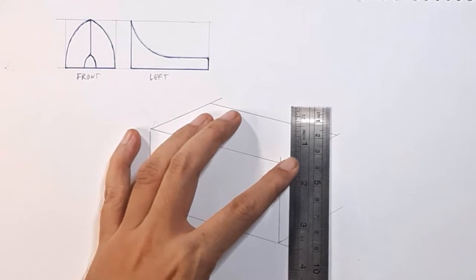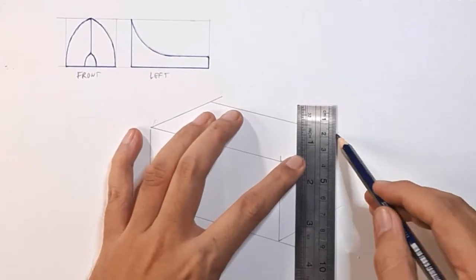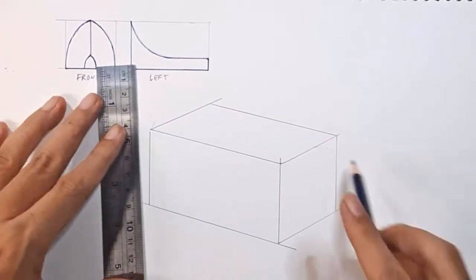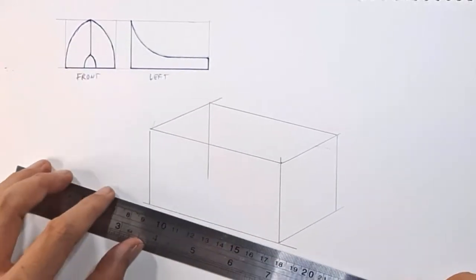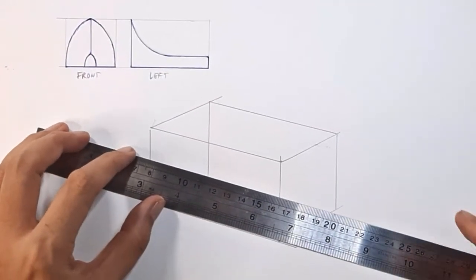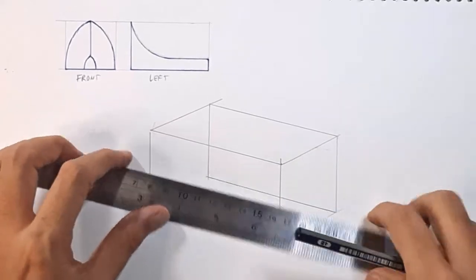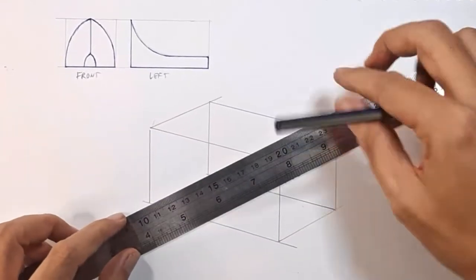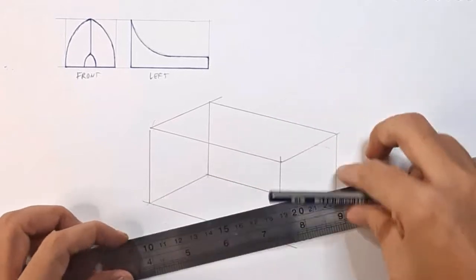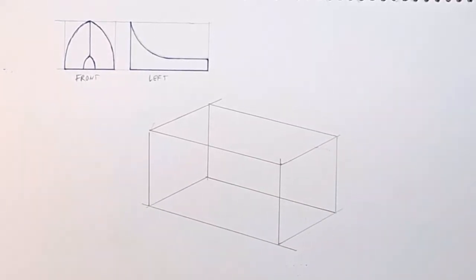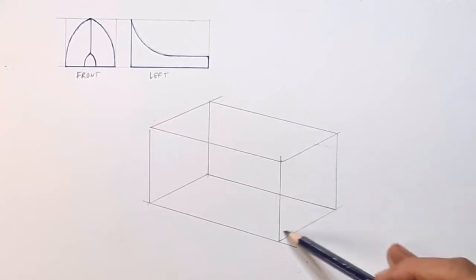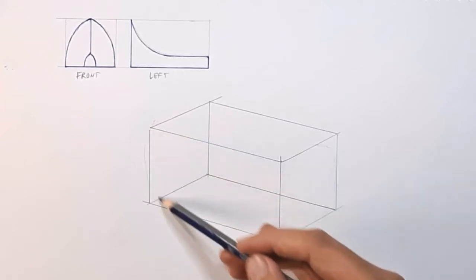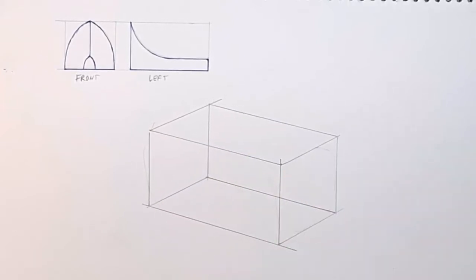If it looks like that, my table is wobbly, and that's because my table is wobbly. So forgive me for that. So there you have your basic cube. And this is going to be the front, and this is going to be the left side.